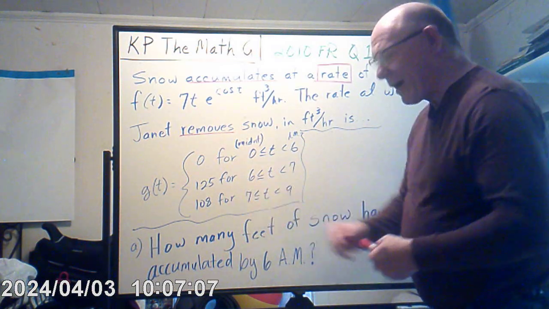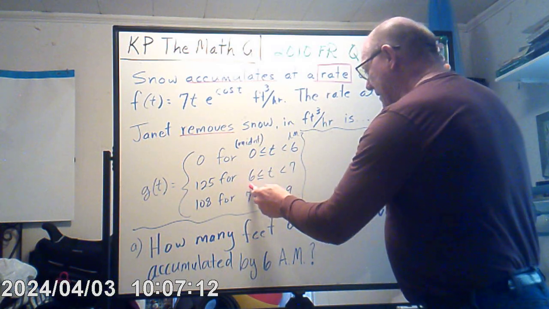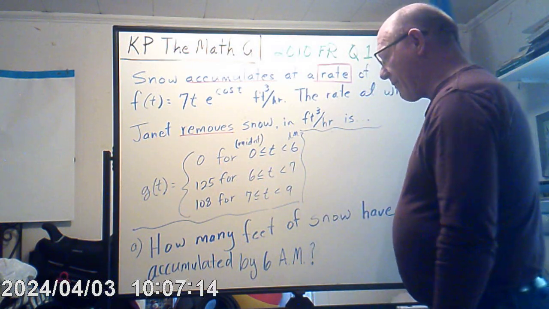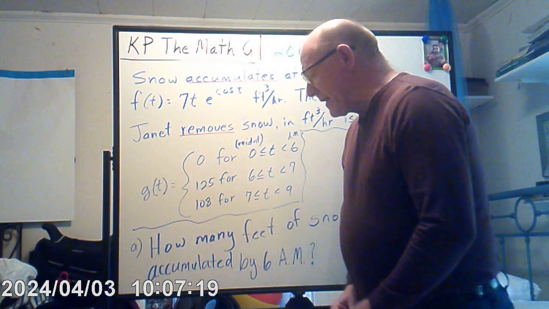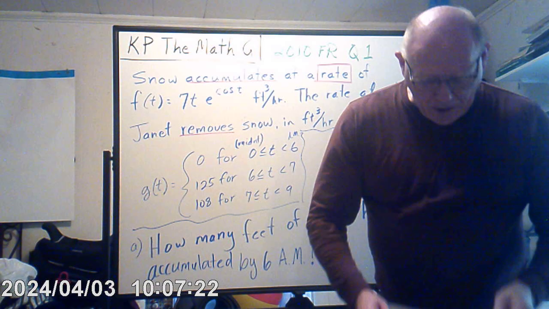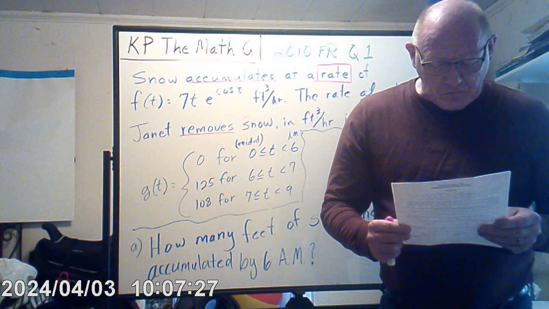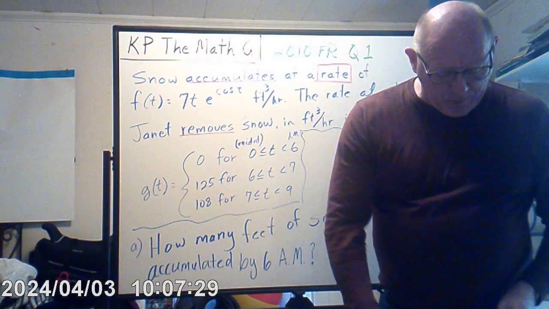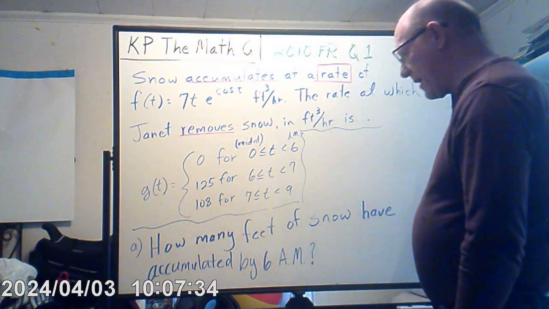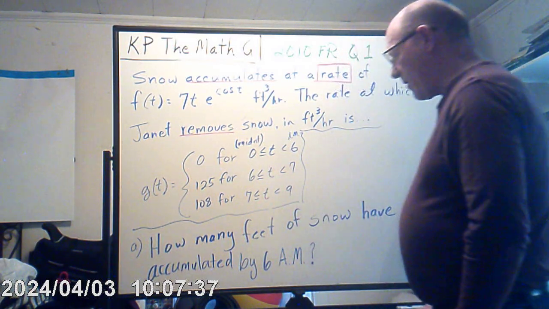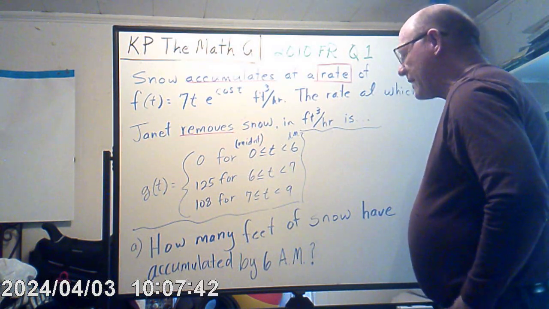This is a rate right here that we're talking about, by the way, for t being between 6 and 7, not including 7, and then 108 cubic feet per hour. Just making sure that I got this as a rate from 7, t between 7 and 9 a.m.